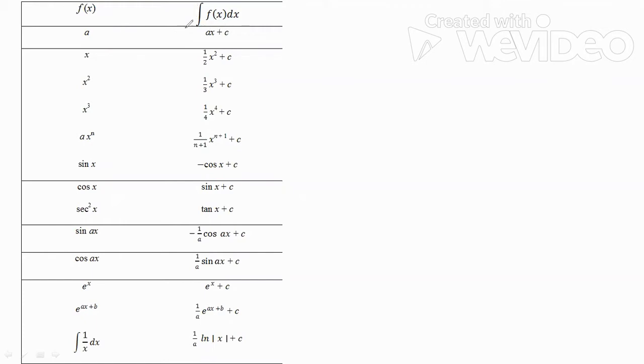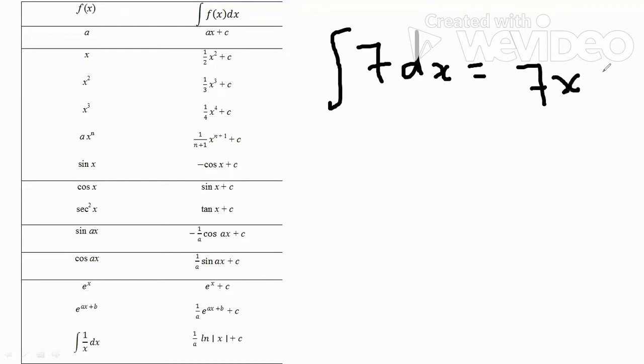This is how I want the symbol to look. It should be a bit longer than the function. For the first row, let's say a is 7. When we integrate 7 with respect to x, we end up getting 7x plus c.